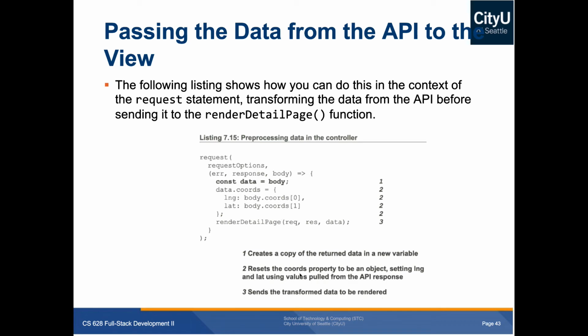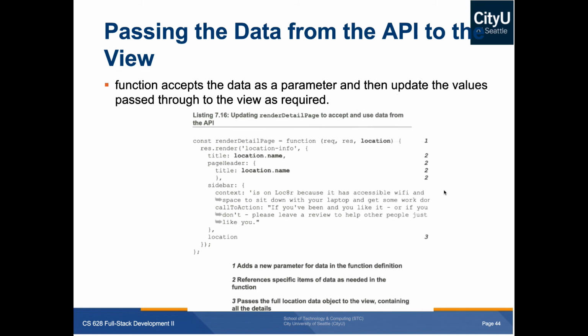So it resets the property to be an object, setting longitude and latitude using values pulled from the API response. Okay, so it accepts the data as a parameter and then updates the value passed through to the view as required. So you now have the location dot name here and also here, because you're grabbing it, your render detail page function also has the location object.